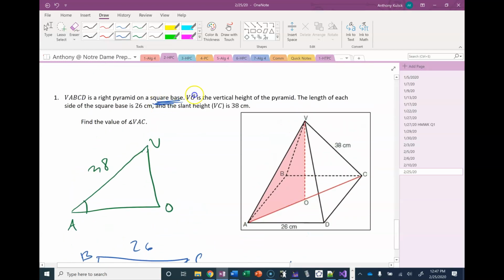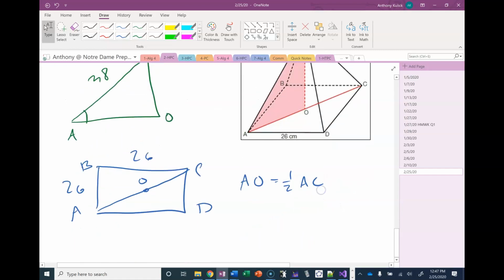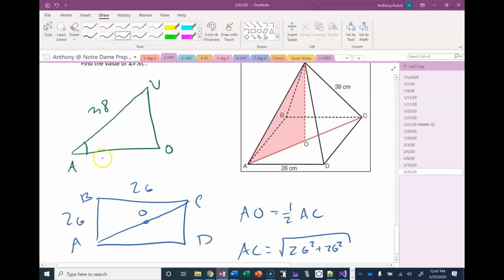Square base. Okay, got it. So AC then is just going to be the square root of 26 squared plus 26 squared. Well, I guess I can just write that as 26 square root 2. So that's going to be 13 square root 2 then here. And I can use cosine inverse.